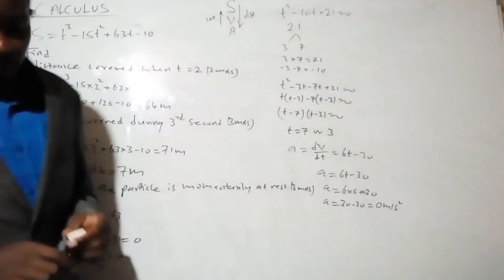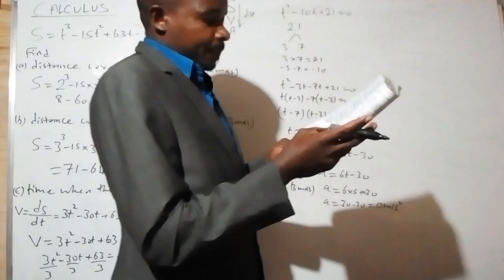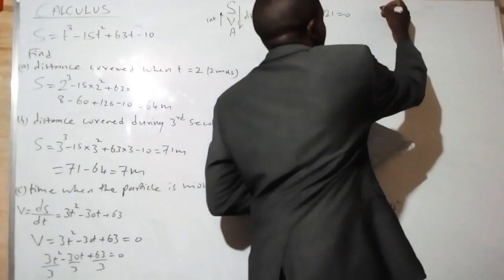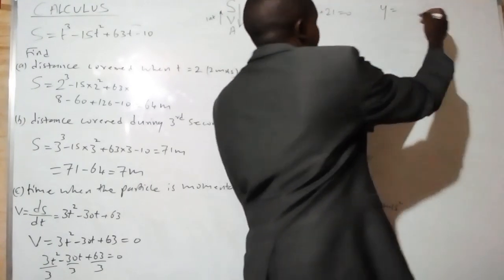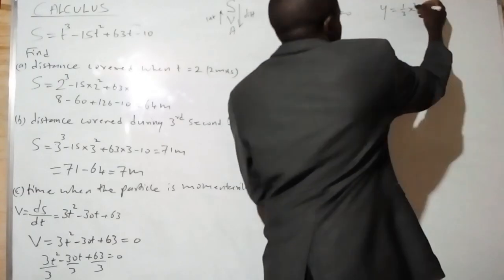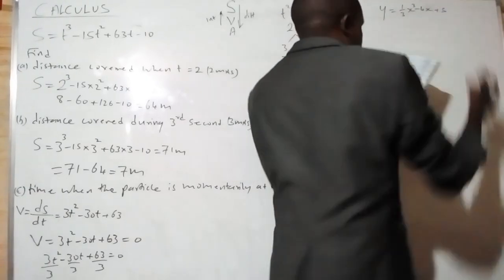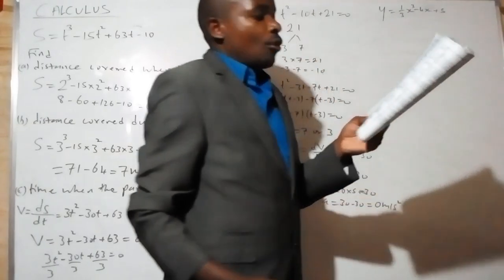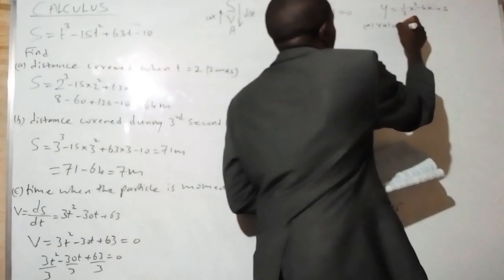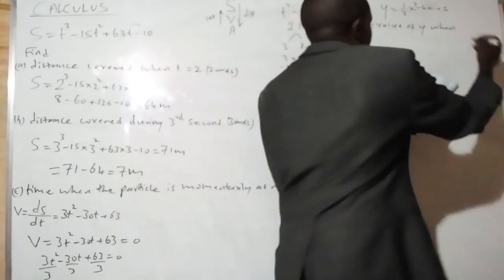Next, you'll be given the equation of a curve, y is equal to a third x cubed minus 4x plus 5. Determine the value of y when x is equal to 3.